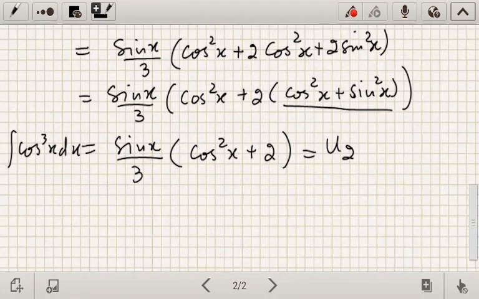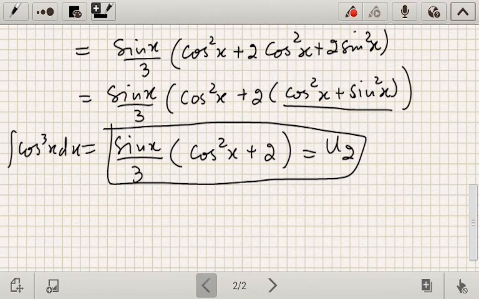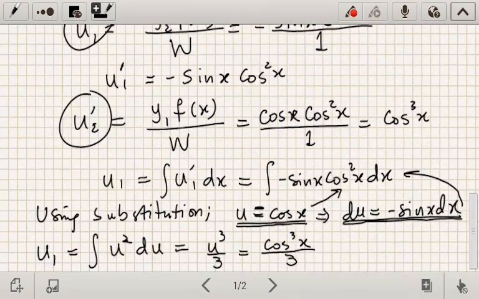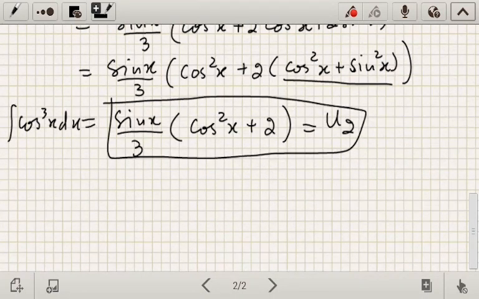Once we've got the values of u1 and u2, u2 I have got here, and u1 I found out here, this is the value of u1, cos cube x divided by 3. I'm just going to use the general form of the particular solution from variation of parameters, which was u1 y1 plus u2 y2.